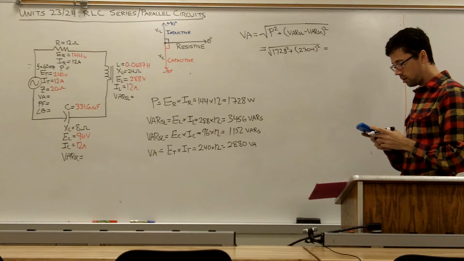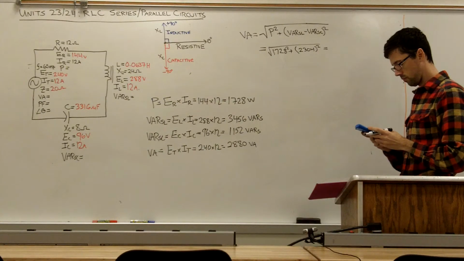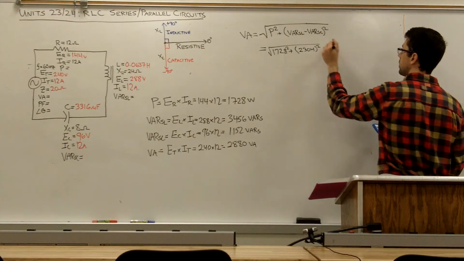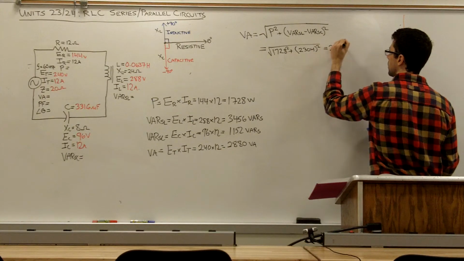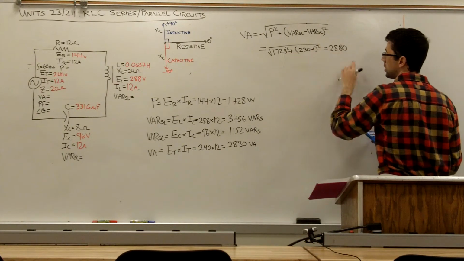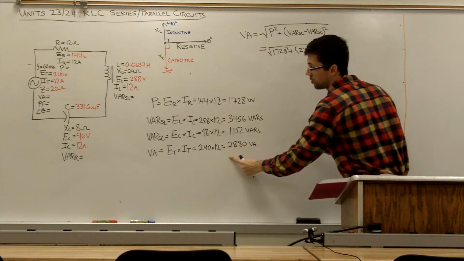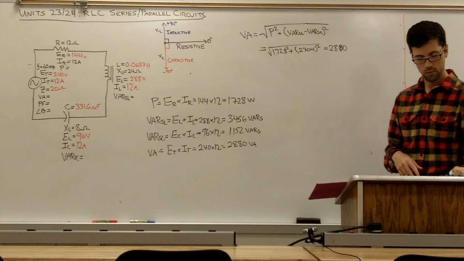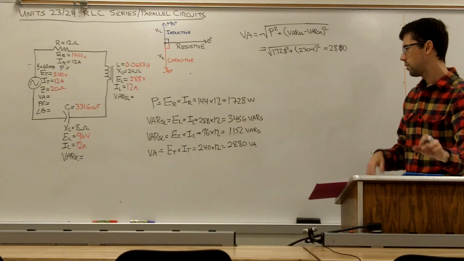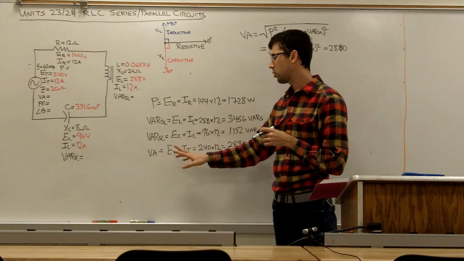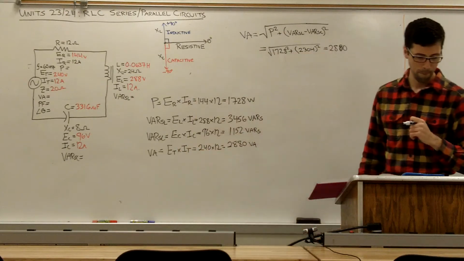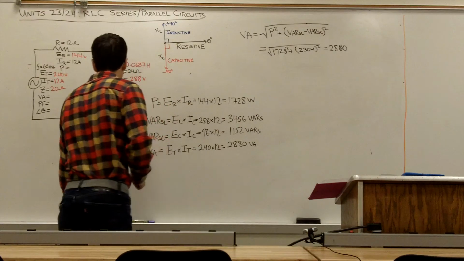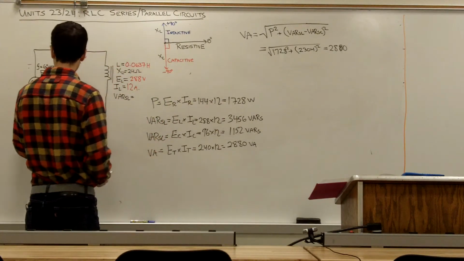Throw this on our calculator, and that gives me a value of 2,880, which is the same amount we found using what is essentially a form of Watt's law. Remember, Watt's law essentially states that the power can be found by multiplying the voltage times the current. Okay. Let's write my answers down on my answer key.